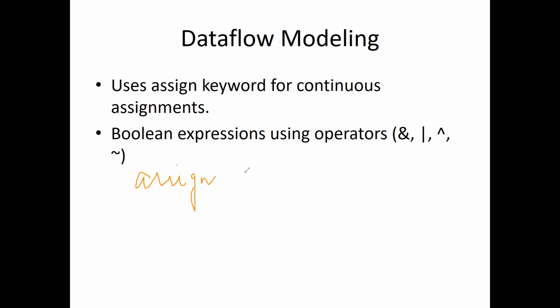Suppose we are writing for a 2-to-1 multiplexer. So, assign y equal to the select line, with the conditional operator, either B or A signal. Okay.